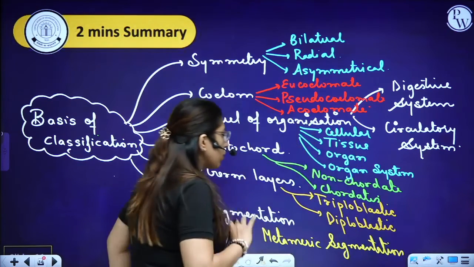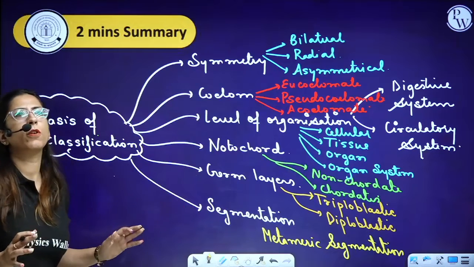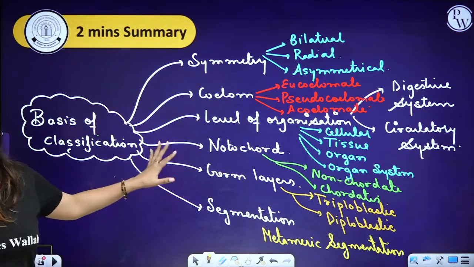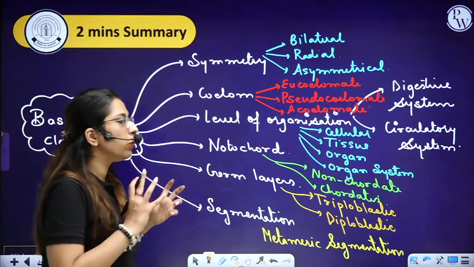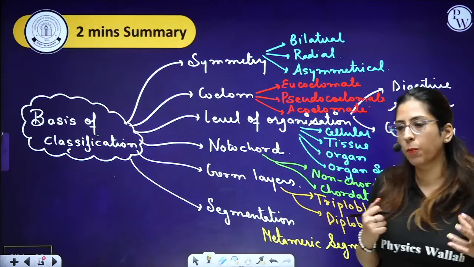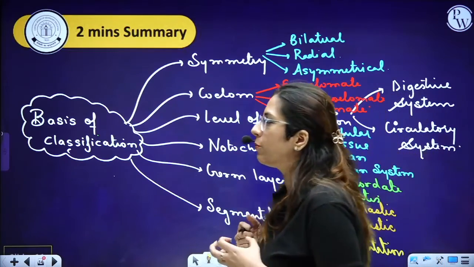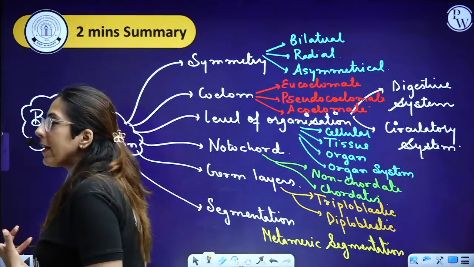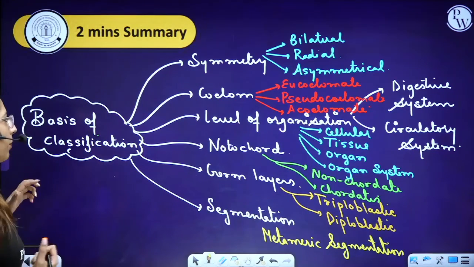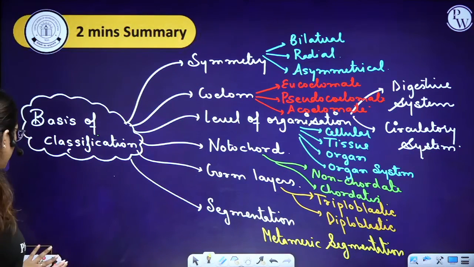So this was an overview of whatever we have done. This is a 2-minute summary. So these are the bases of classification. Now we will be looking at the different groups of organisms. That means we will be starting with the poriferans. They are pore-bearing animals. What kind of cells are present in them, we'll be discussing. Clear? Hope this 2-minute summary is done.